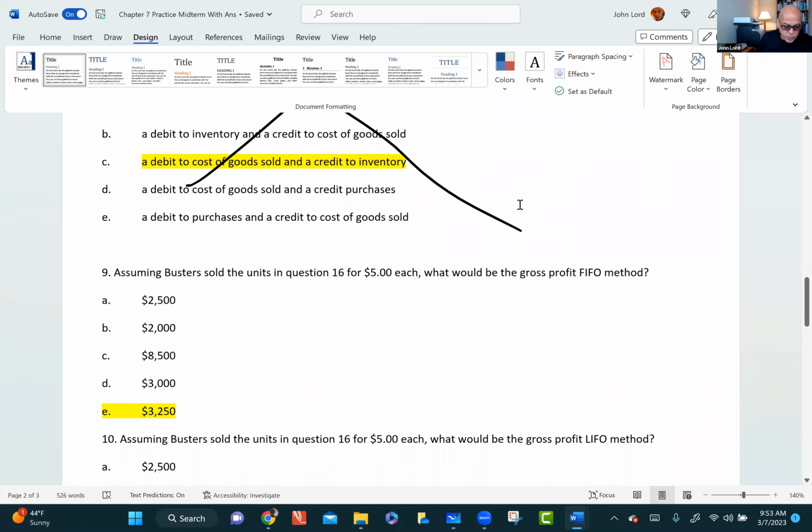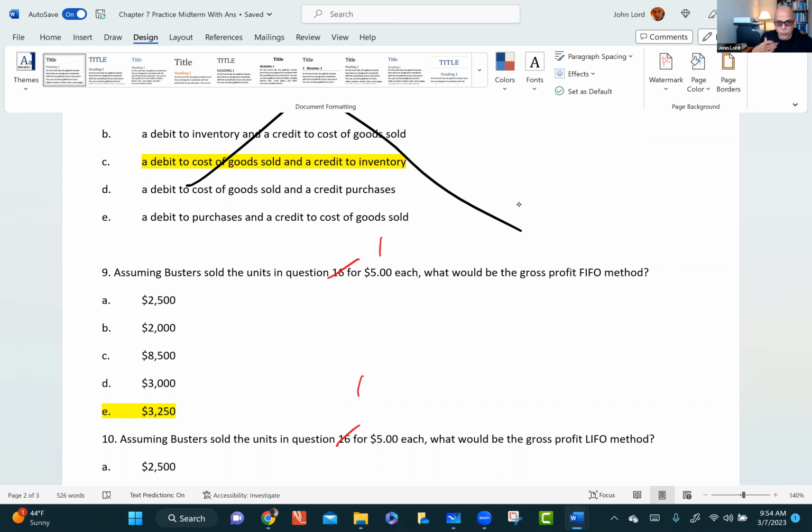Now, it's still that question 1, and I will almost definitely ask you this. Not only will I ask you about the ending inventory and the cost of goods sold, I'll also ask you about the gross profit associated with that. So that's 3 questions per method. 3 times 3, there's 9 of the questions right there.